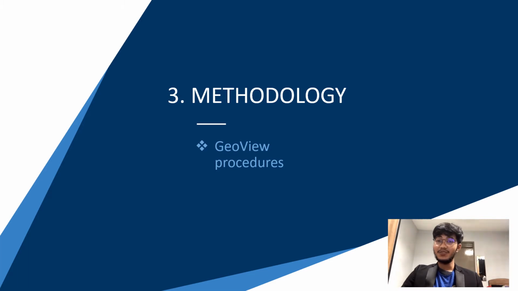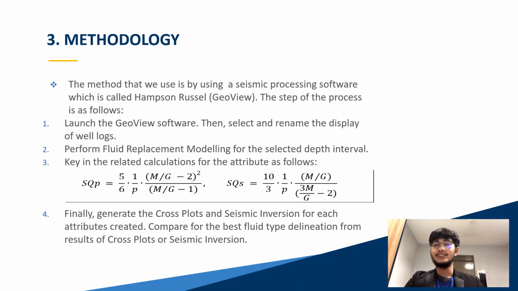Now, we will continue with our third agenda, which is the methodology. For the project, we will be comparing the cross-plot and the inversion. Here are the procedures required to generate the cross-plot and inversion in the GeoView software. First, we need to launch the GeoView software and then select and rename the display of the well logs.